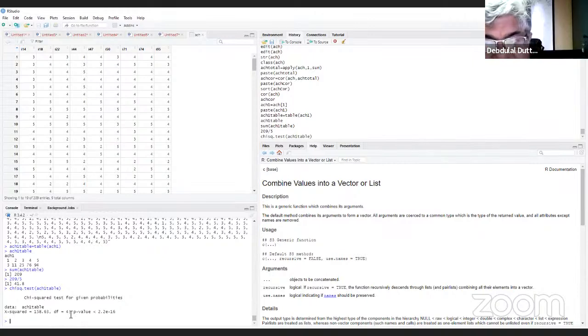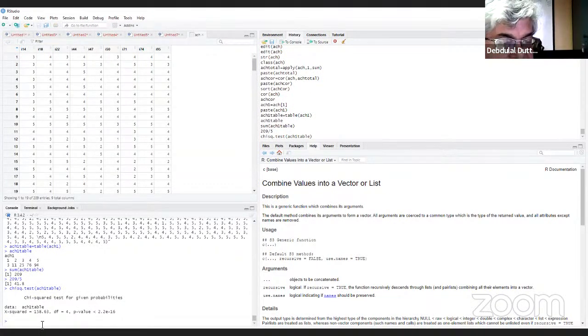Why? Because 5 minus 1 means 4. And this is the p-value. Okay, so this is very highly significant. Highly significant means the individual difference is there. So we have to calculate the individual difference for each item. This is important before going to assess the item difficulty or item discrimination.